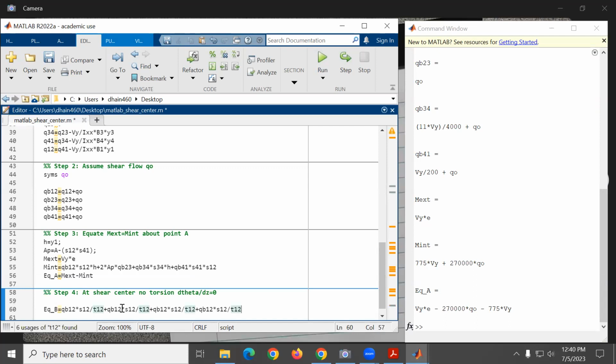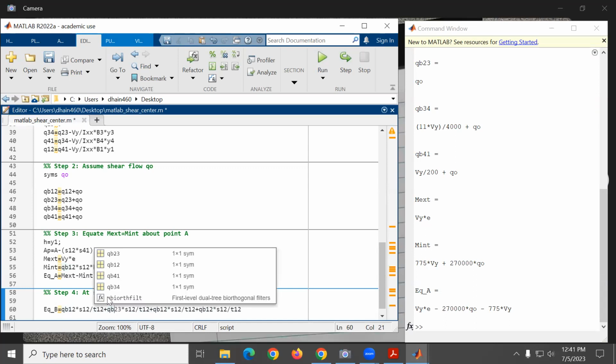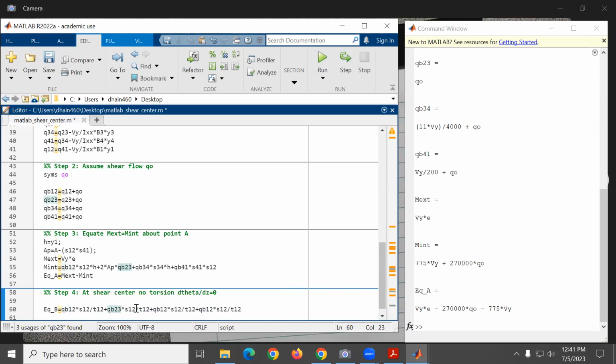Okay, so Q bar 23, S23, T23, 34, 34, 34, 41, 41.